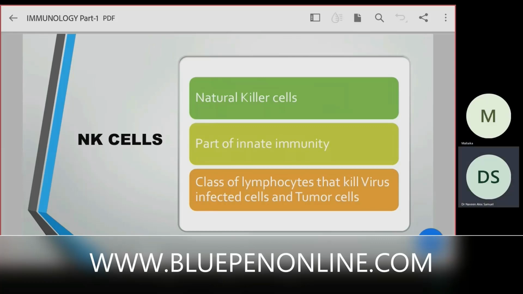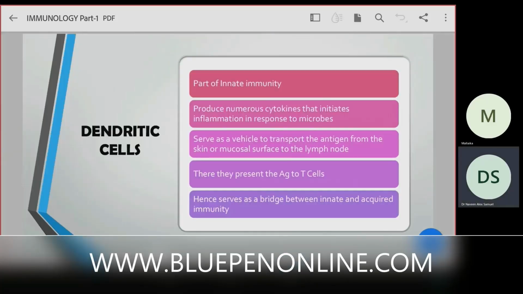Then next is dendritic cells. Dendritic cells are again part of innate immunity. They produce numerous cytokines that initiate inflammation in response to microbes. They kill the microbes by causing an inflammatory reaction. So they don't directly kill the microbes; they create an inflammatory reaction, and this reaction helps in killing the microbes.